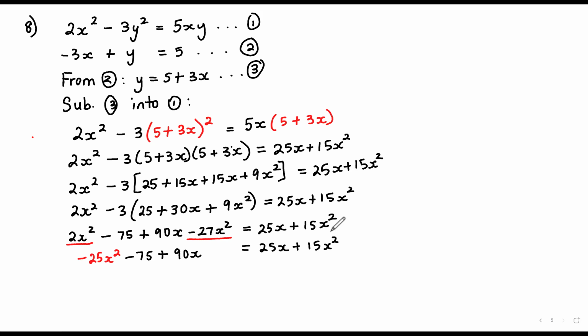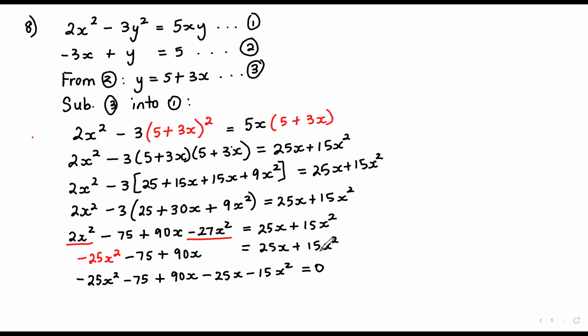Now, because it's a quadratic, you want all the terms on one side of the equation. So you'll end up with minus 25x squared minus 75 plus 90x minus 25x minus 15x squared is all equal to 0. And that is going to give me, well, you group your like terms.